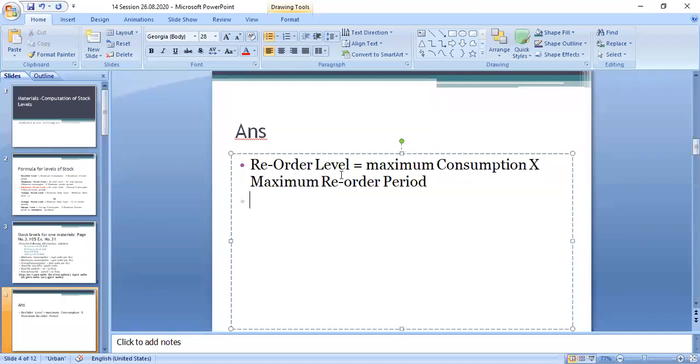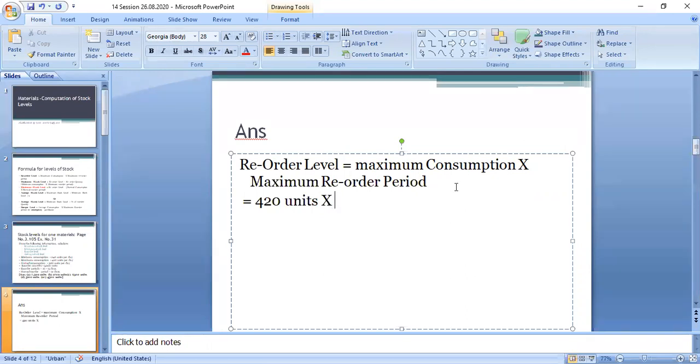So now we can go to the problem, right? In the problem you can understand what is the maximum consumption. That maximum consumption is given, that amount is 420 units per day, multiplying with the maximum reorder period.